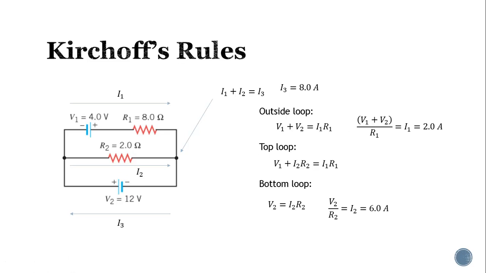So the advantage to Kirchhoff's rules is you develop a series of equations that you can use to solve for unknown currents, or if I didn't know one of these resistors, I could conceivably have an unknown resistance. Maybe I don't know how big R2 is. I think you can actually solve it out by not knowing how big R2 is. Nope, you would need to know R2.